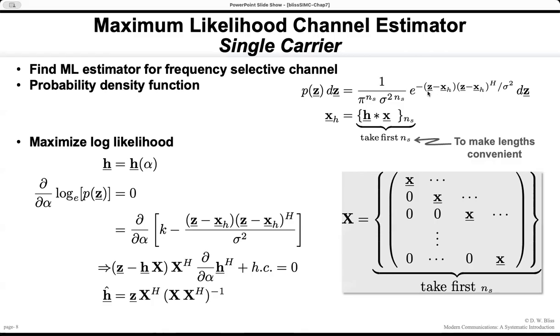Usually we think of a probability density function as one where h, x, and the variance of the noise are all inputs, and then z is an output in some sense. But we're going to turn it around. We're going to make z an input, and we're going to try to maximize the likelihood to find a good estimate of h.